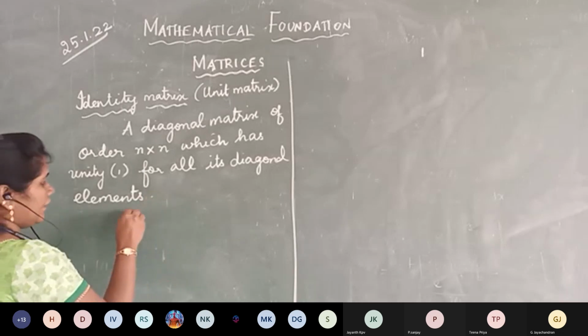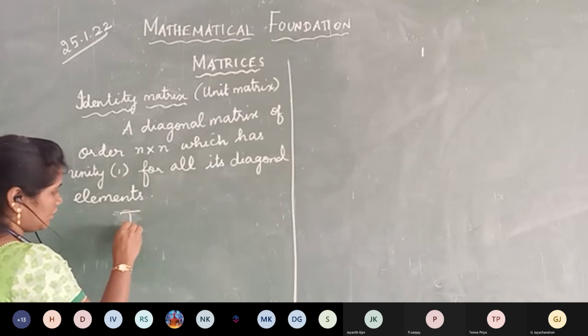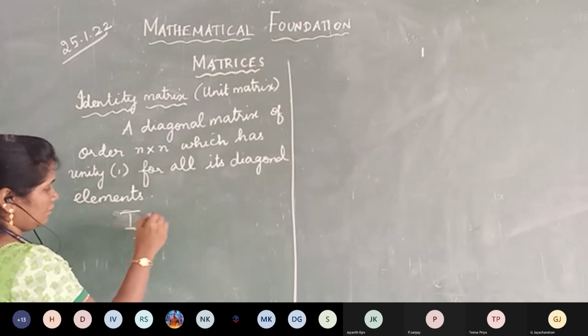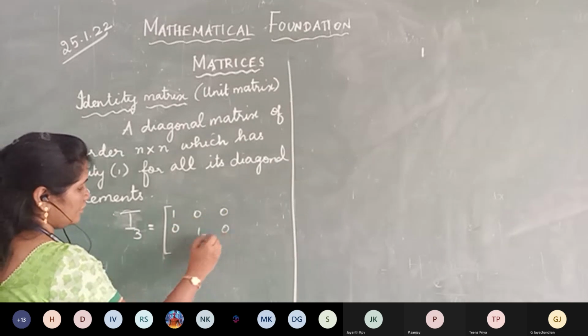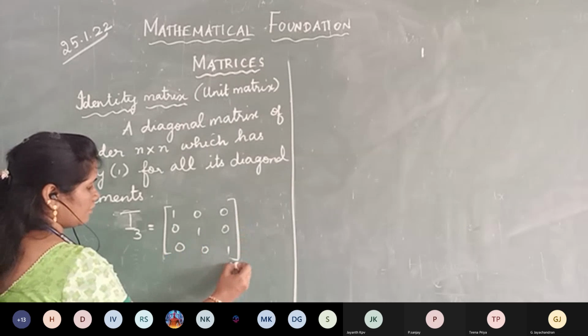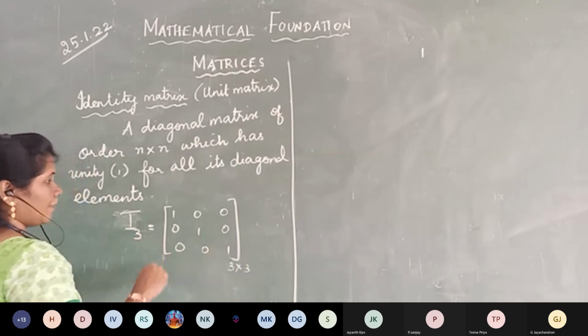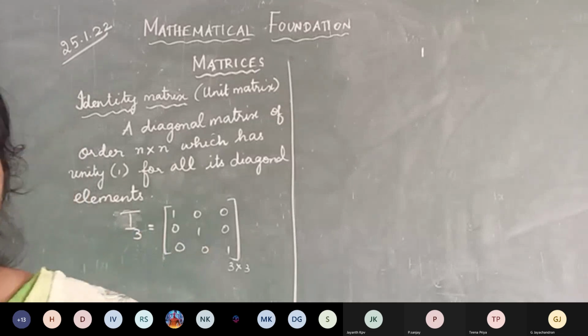So an example for this, you can take I3 itself. I3 will be 1 0 0, 0 1 0, 0 0 1, the 3 cross 3 matrix, if we represent it as I3. Okay, this is an identity matrix.